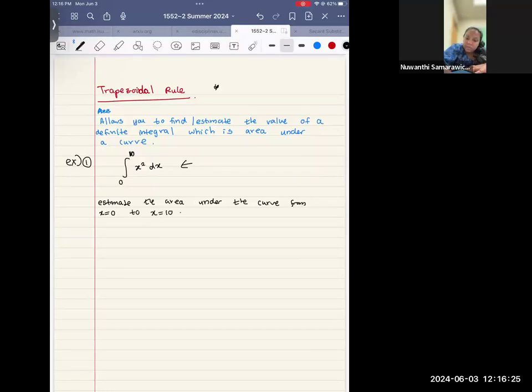Okay, so let's first draw and see. So y is equal to x squared, from x equals 0 to x equals 10. So that means we take only the right side of the graph. So this is the y equals x squared graph. If I draw it, the idea is we need to find the area of this part.